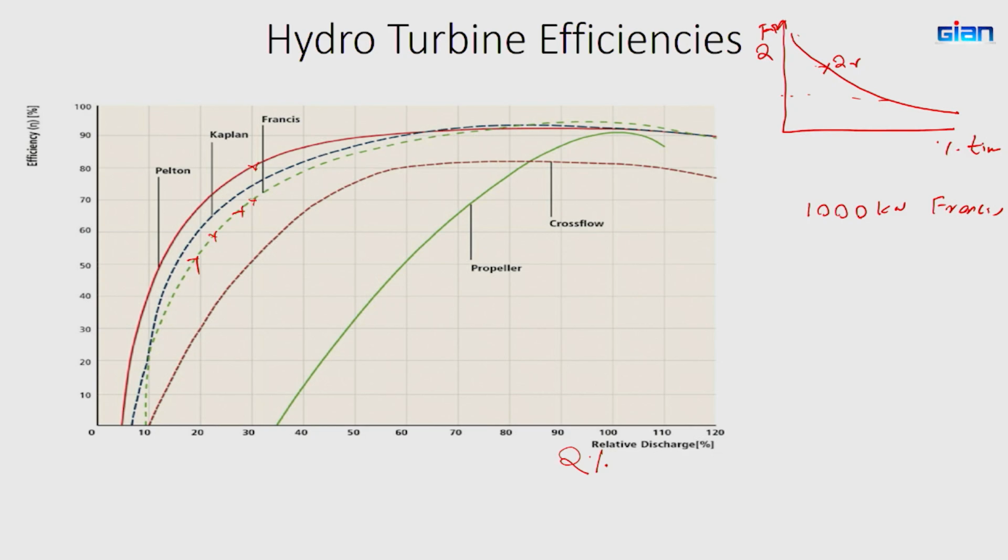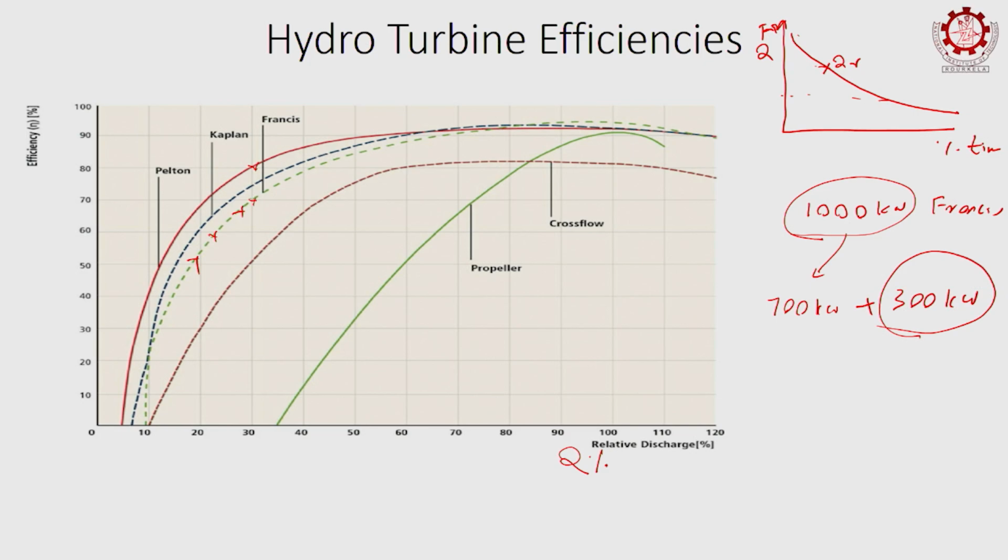So, one solution is, instead of putting a 1000 kilowatt machine, you put a 700 kilowatt machine plus a 300 kilowatt machine, right. So, in the low flow conditions, you run the 300 kilowatt machine, which can run on almost full rated flow, because that small flow available will be the rated flow of this 300 kilowatt turbine.